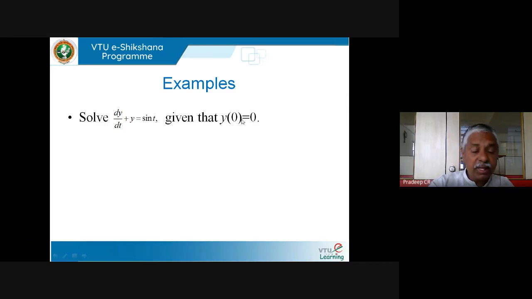What does this mean? I know most of you have already understood this. You know how to solve this differential equation, but I feel I need to tell you a few words about what you mean by solving this differential equation, dy by dt plus y equal to sine t.